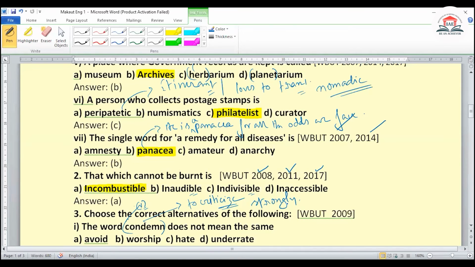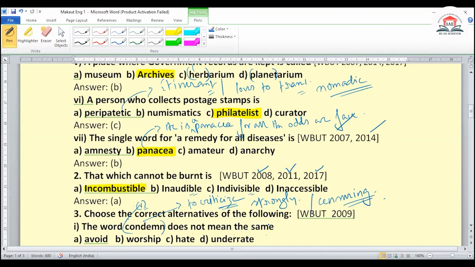We have strongly condemned what he has said in the meeting. মিটিংয়ে যা বলেছে তার তীব্র নিন্দা করছি, যে বাংলায় বলে নিন্দা করা. That is condemning something. Right? That's criticizing strongly, censoring. Right? That is condemn.